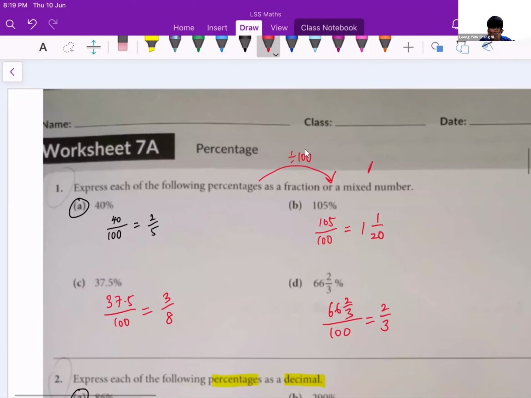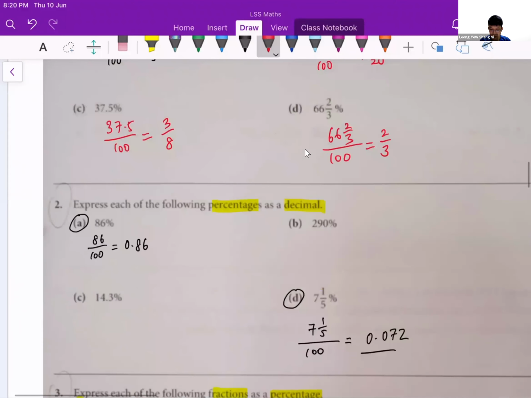So you must always put your fractions in simplest form. Regardless of what type of questions you get, all fractions must always be put in simplest form.